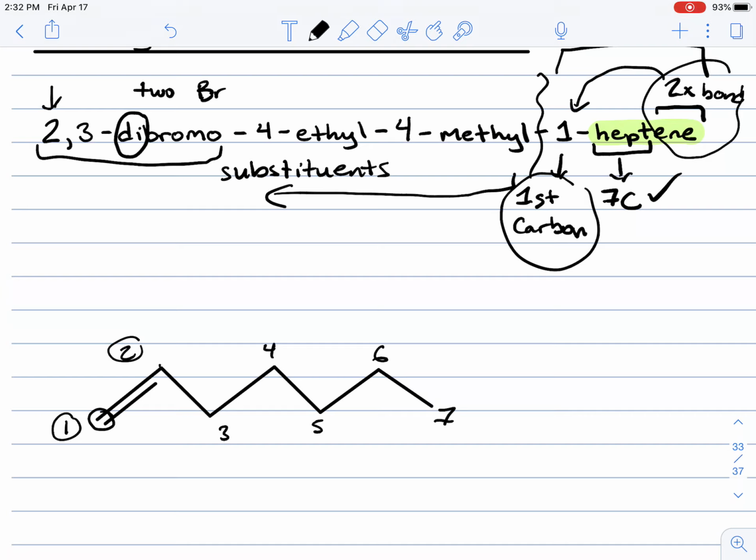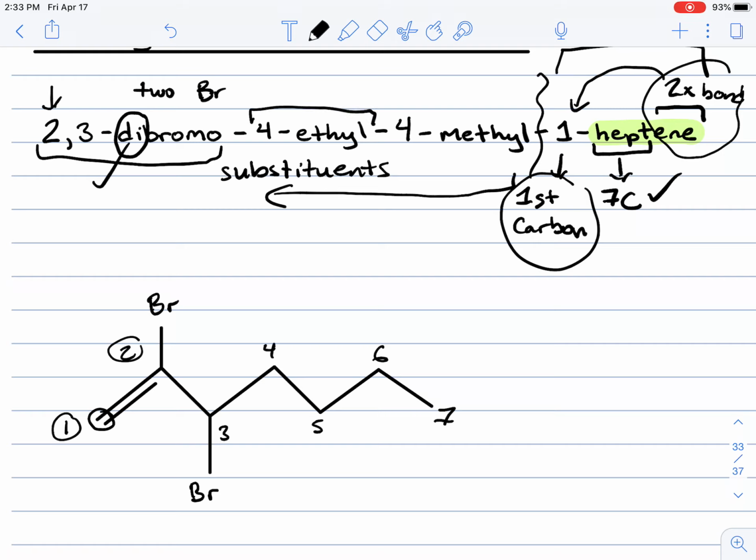The first bromine is going to go on the second carbon on the parent chain, so I'm going to draw a bond that links that to bromine. Then the second bromine is going to go on the third carbon, and I'm going to draw a bond linking the parent chain to bromine. Okay, so that's my 2,3-dibromo. I've checked that off.